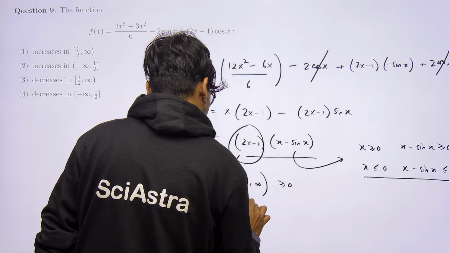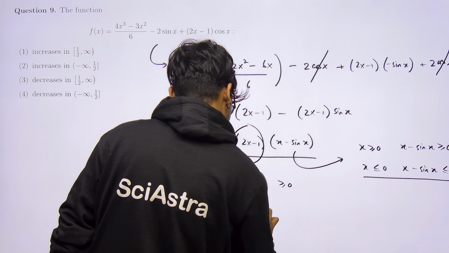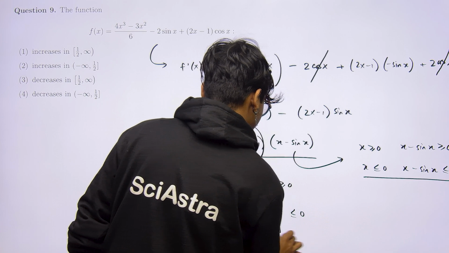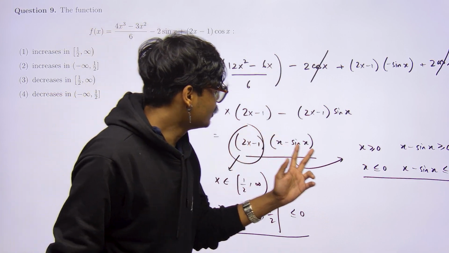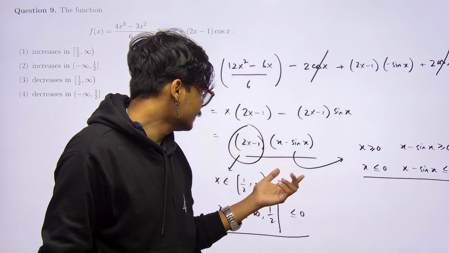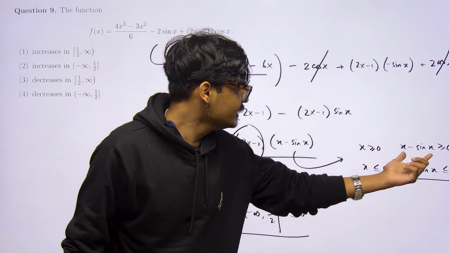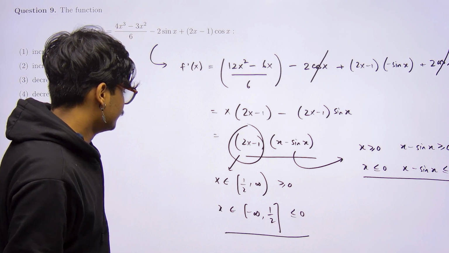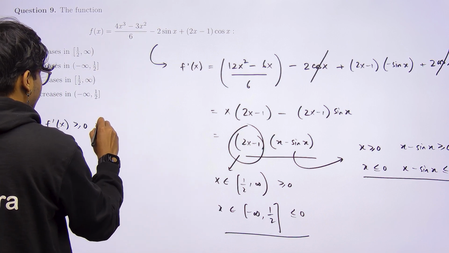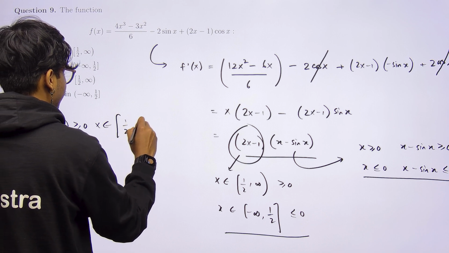And for x in minus infinity to half, this is going to be less than equal to 0. So to check if this function is increasing or not, we either want both of them to be positive, which is going to be this union this, right? So for this derivative to be positive, we get that x has to lie in between half to infinity.